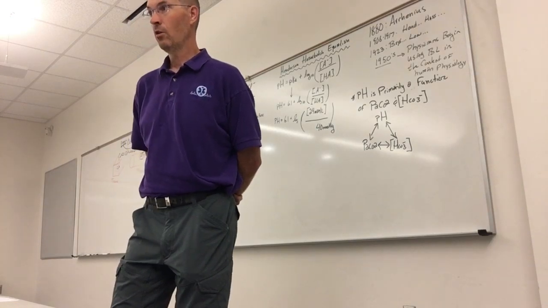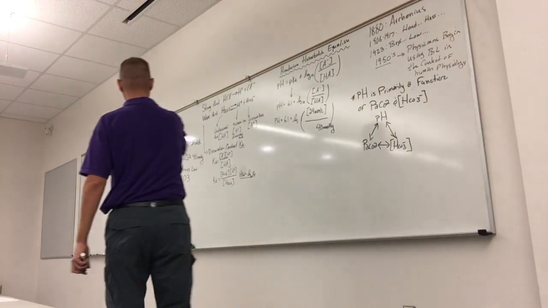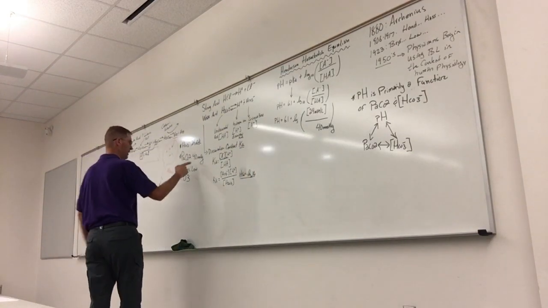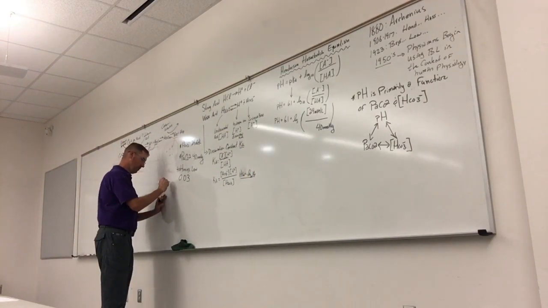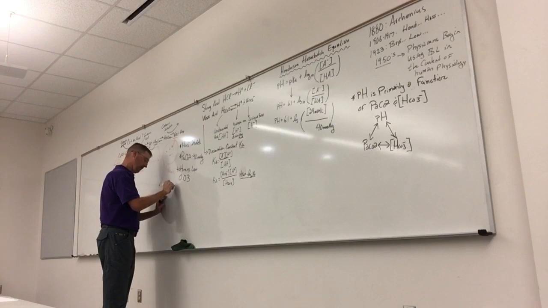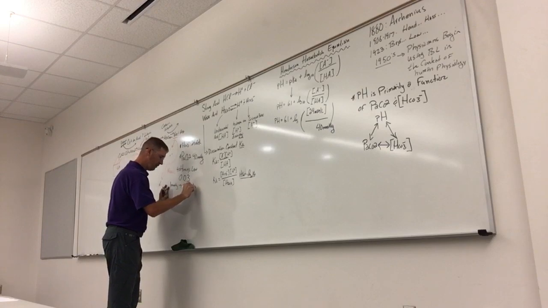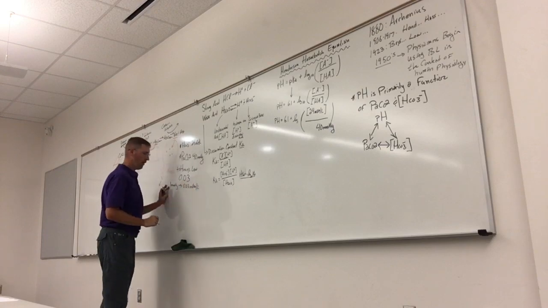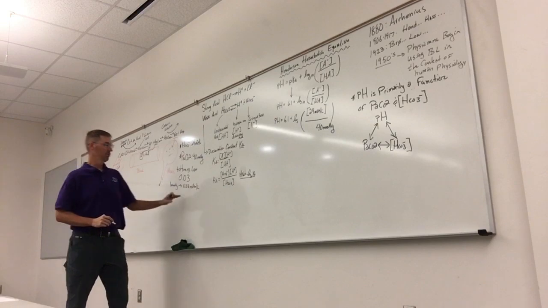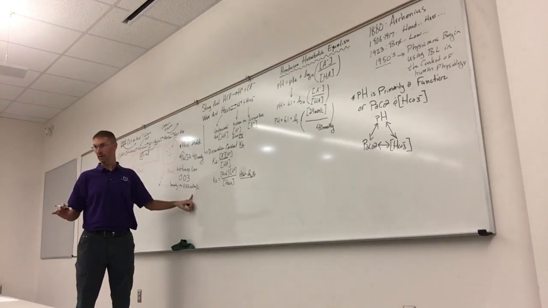Very tiny amount, but that's where that 0.03 comes from. Of every millimeter of mercury of CO2, 0.03 milliosmoles per liter will actually get into the blood. You guys okay with that?